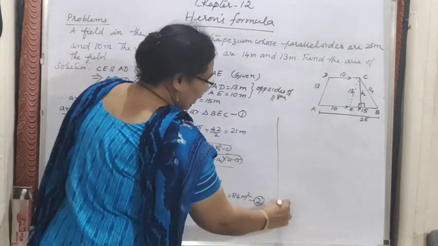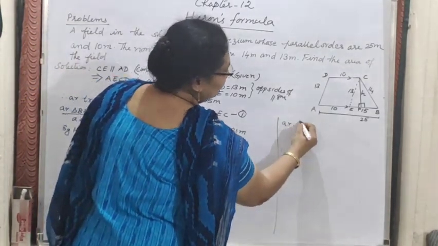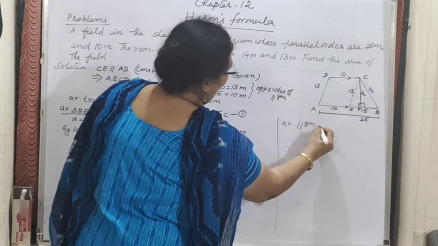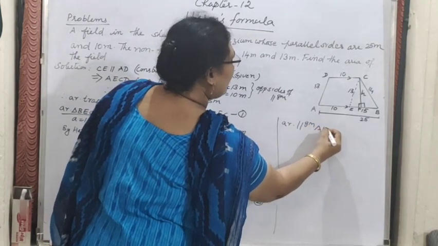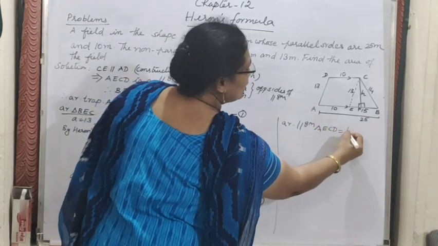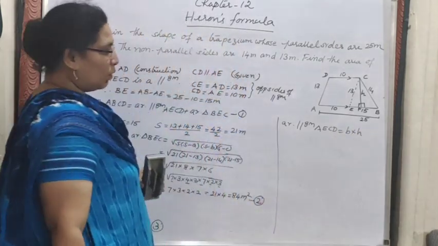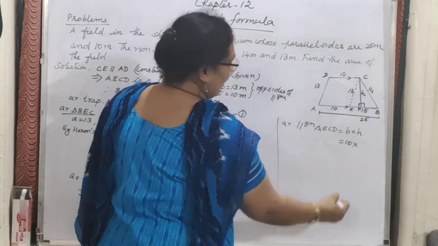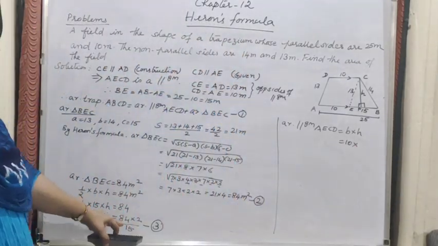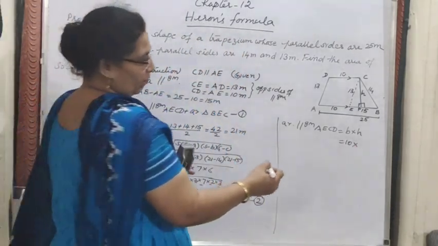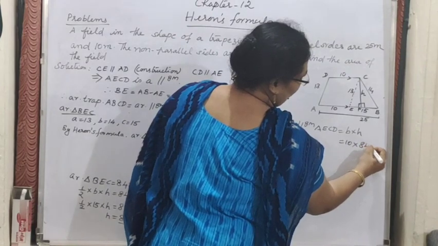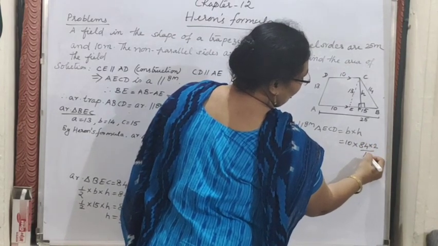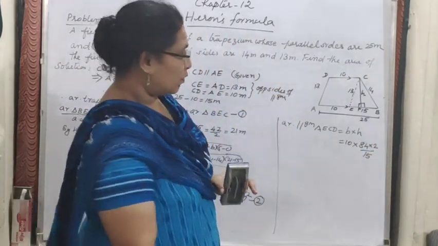So listen, area of the parallelogram AECD equal to, formula means base into height, right? What is the base here for the parallelogram? Only 10. But H is here 84 into 2 by 15. So 5 we can use for cancellation.